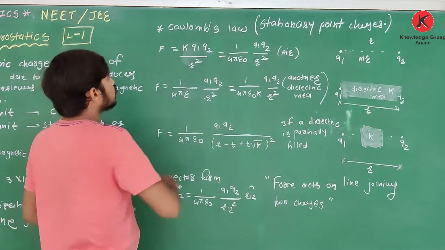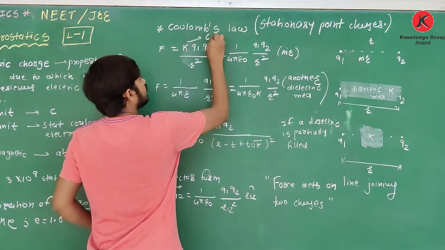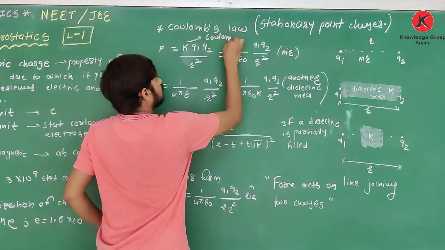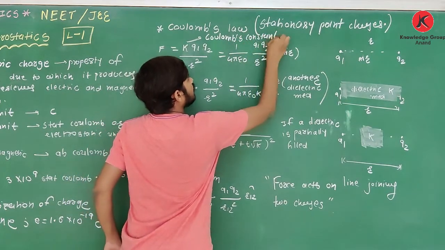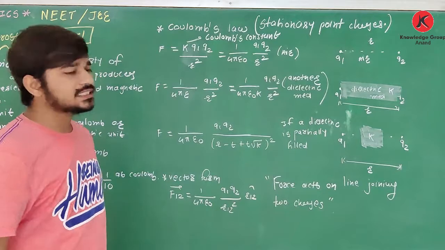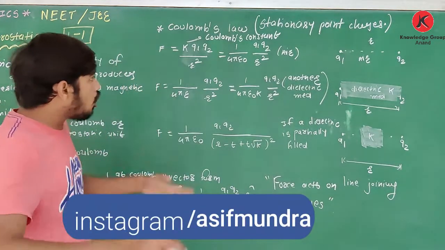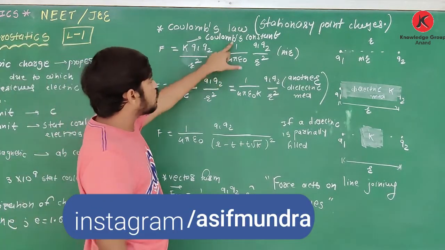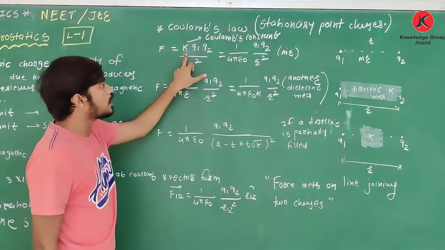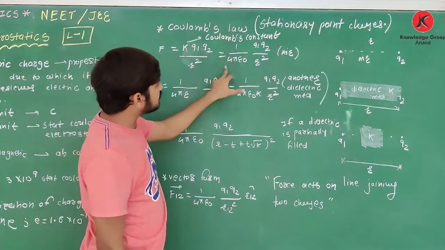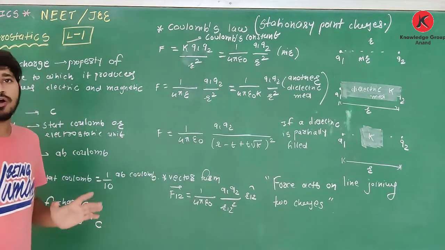where K is Coulomb's constant. Its value is 9 into 10 raised to 9. Or I can write F is equal to 1 upon 4 pi epsilon 0 Q1 Q2 upon r square, where Coulomb's constant K is replaced by 1 upon 4 pi epsilon 0.